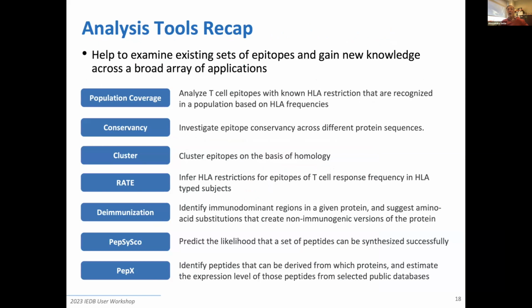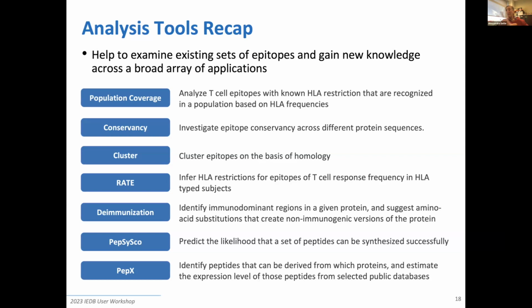And so this is a recap of the tools here. The population coverage tool, with analyzed T-cell epitopes with no HLA restriction, determines what coverage a particular set of epitopes will give in one or more different ethnic or geographical locations.